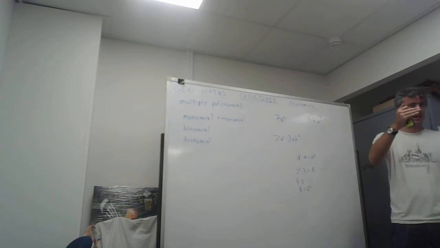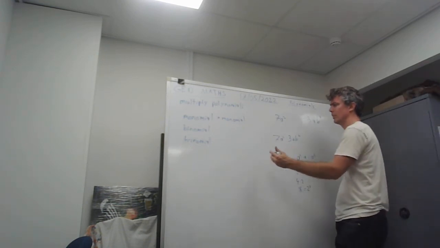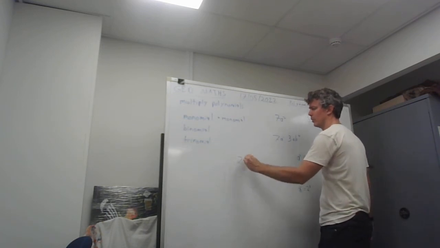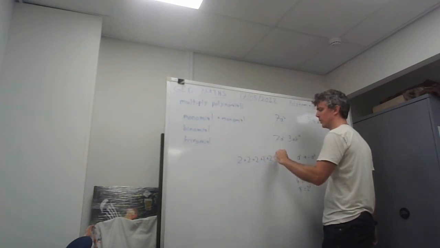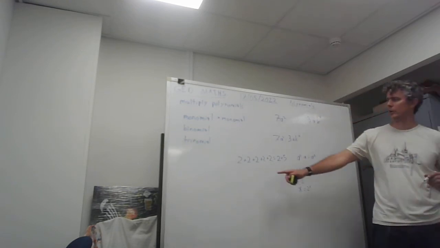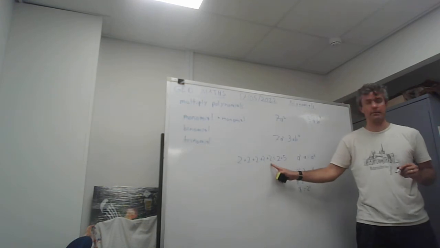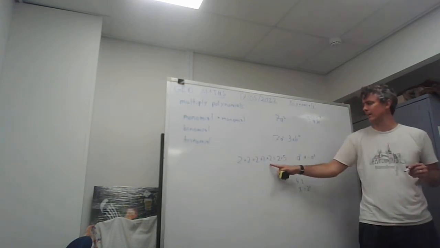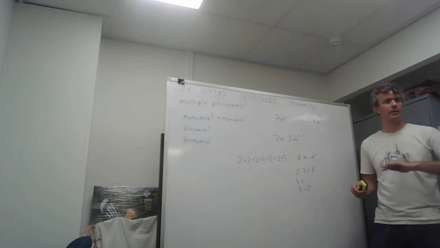Okay, so it's kind of like a step up. If you think about it, 2 plus 2 plus 2 plus 2 plus 2 equals 2 times 5, because we're doing it 5 times: 1, 2, 3, 4, 5. It's the same as 2 times 5. So it's like a step.